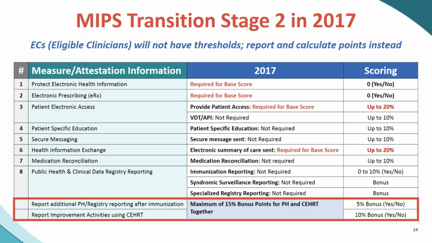There are 4 areas that your group is going to have some score in. Obviously, your privacy and security, so you are going to have to continue to do that on an annual basis. E-prescribing, you actually don't report your e-prescribing value. I mean, you report it only in the sense that it's one of the metrics, but you aren't scored on it. It's just required that you be doing that.